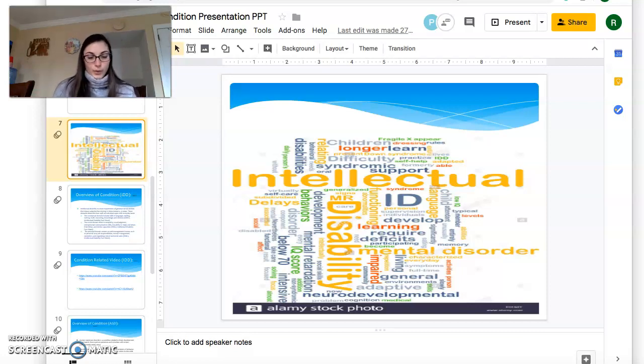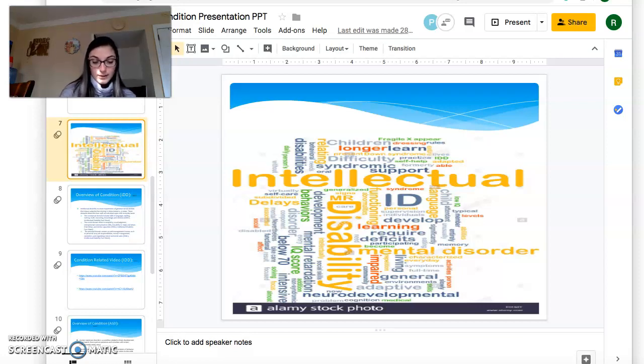So for the DSM-5 intellectual disability, I can review really quickly with you what the definition is in the DSM-5. Intellectual disability is a disorder with onset during the development period that includes both intellectual and adaptive functionings.